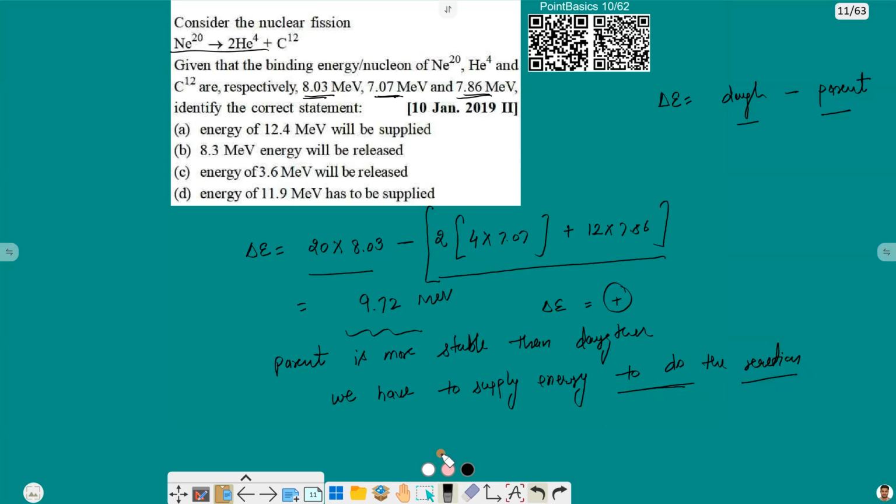We have to provide the energy to make the parent unstable, and then it will break into daughter nuclei. So options B and C are straightforwardly rejected, as energy will be released there. Here energy actually needs to be supplied, and the nearest answer is option D, that is 11.9 MeV is supplied. So option D is the right answer here.